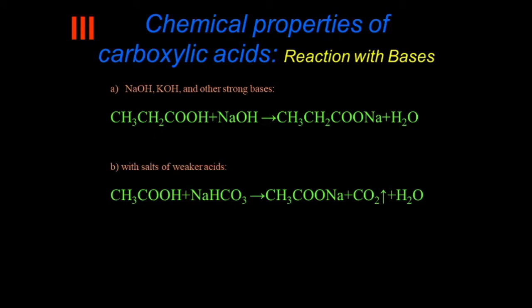Also, carboxylic acids react with sodium bicarbonate or sodium carbonate to form water-soluble sodium salts and carbonic acid, a weak acid. This weak acid, carbonic acid, in turn decomposes to give water and carbon dioxide, which evolves as a gas.